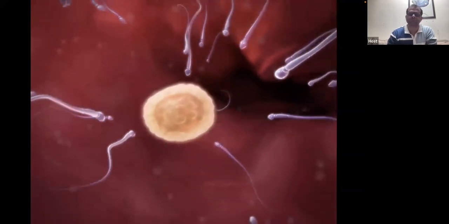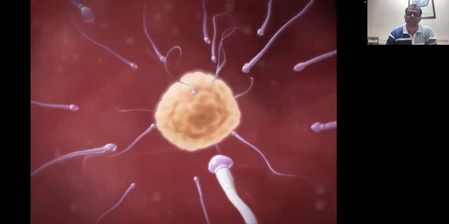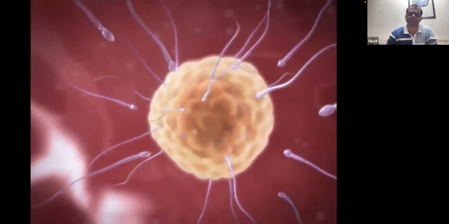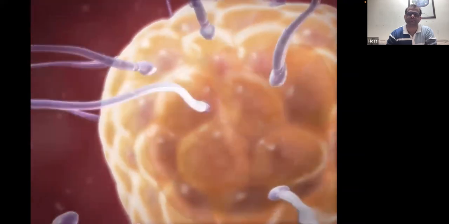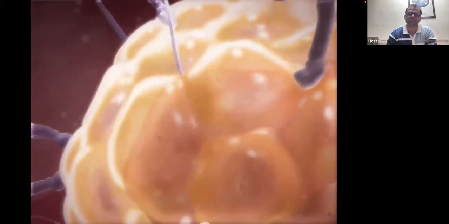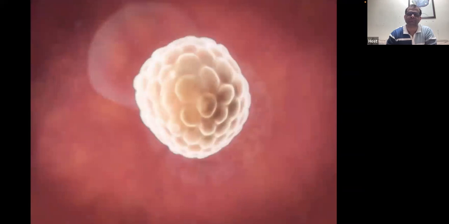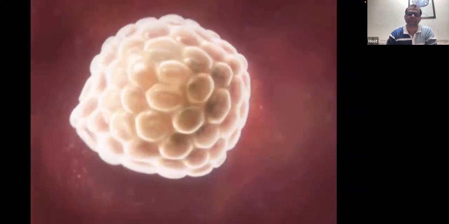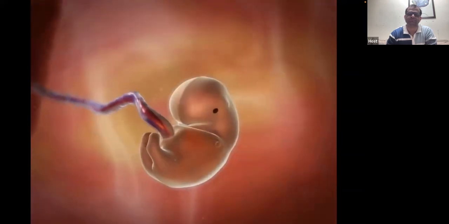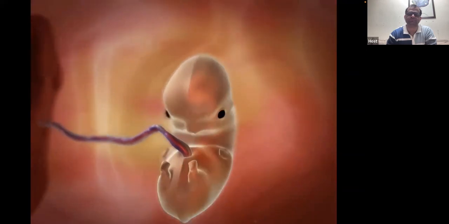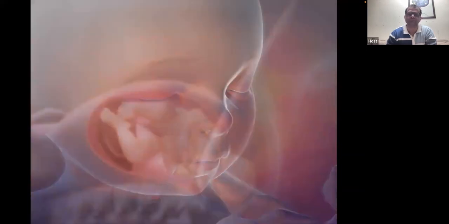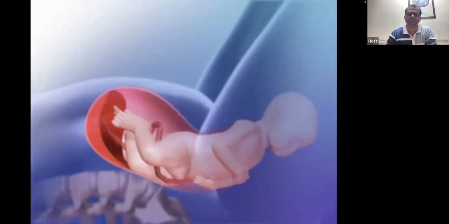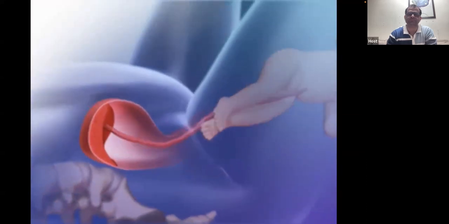In the process of sexual reproduction, a sperm, the sex cell of the male, and an egg, the sex cell of the female, unite and merge their genetic information. This creates a fertilized egg. Pregnancy is a series of events through which a fertilized egg implants, becomes an embryo, and develops into a fetus. The resulting offspring carries genetic information from a male and a female into a new generation.